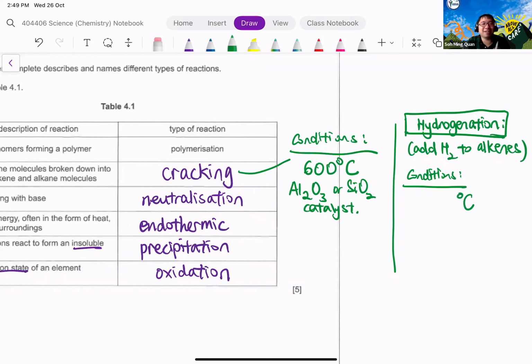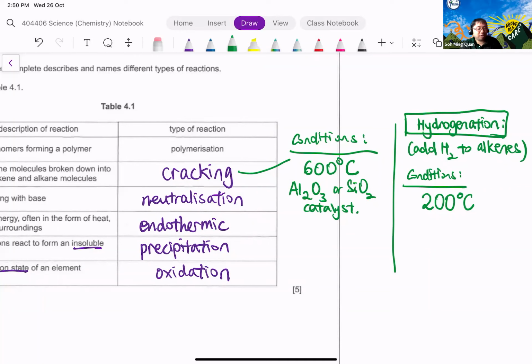Not 600. 400? Okay, lower. Not 400, lower. Don't say 200. 600. Okay, 200. Okay, so hydrogenation, temperature needed is 200 degrees Celsius.